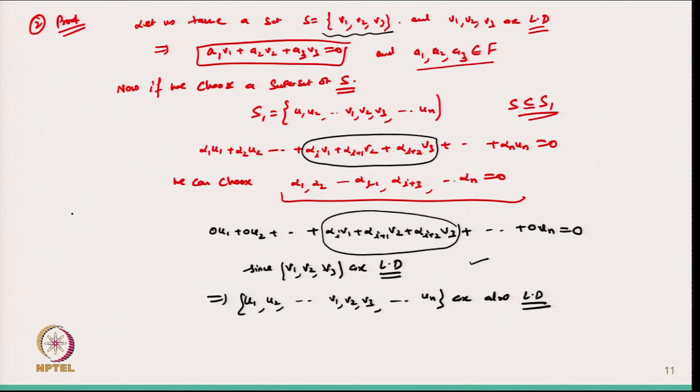So, if I choose any set S that is linearly dependent and it is contained in a superset S1, then S1 is also linearly dependent.